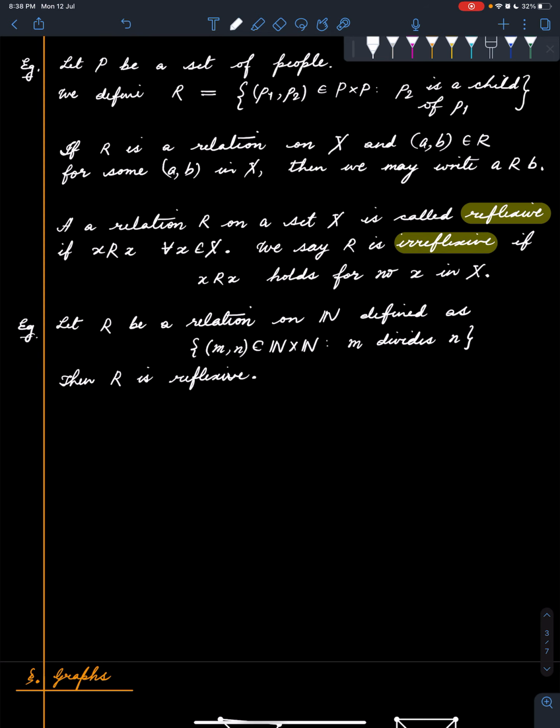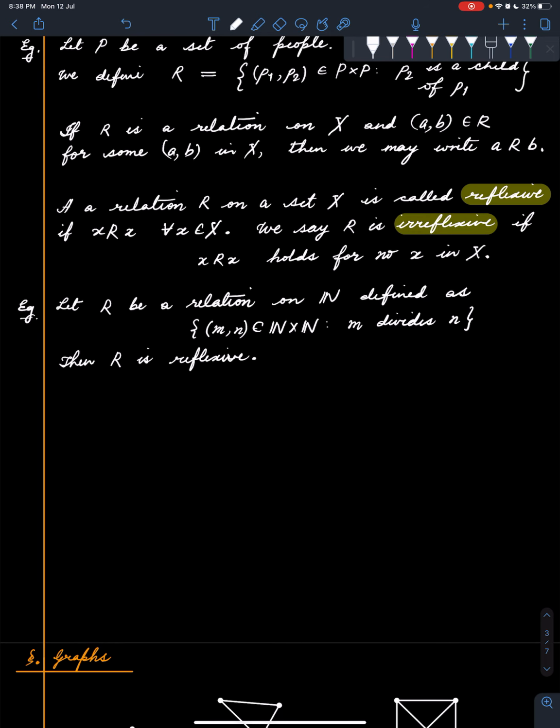Another important class of relations is symmetric relations.